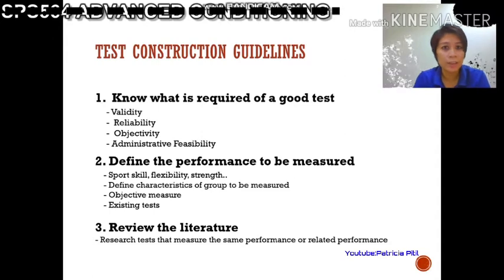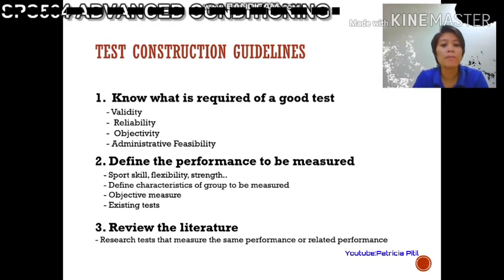Is it really measuring the fitness component that you intended to? And then use existing tests. Do not cipta test yang tidak wujud, because we have established tests in the literature, in the books. Various kinds and various types you can choose. It depends on who the subjects are, siapa orang tu, and whether it is measuring what you want to measure.